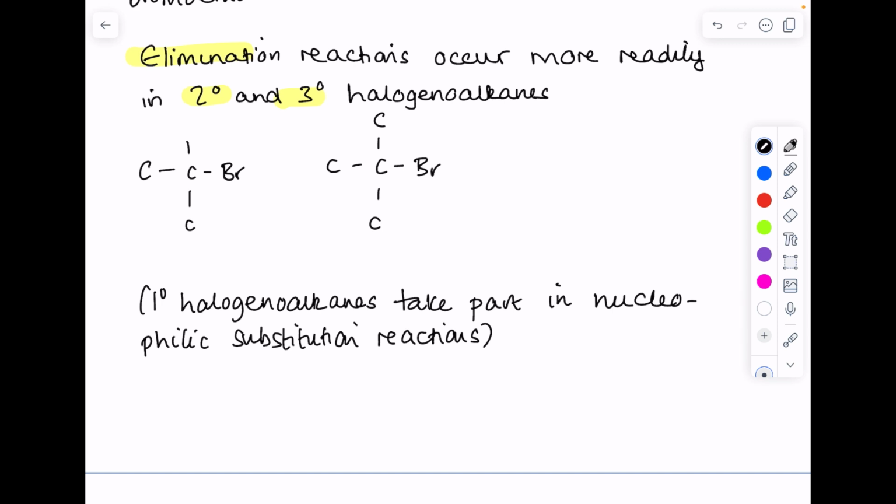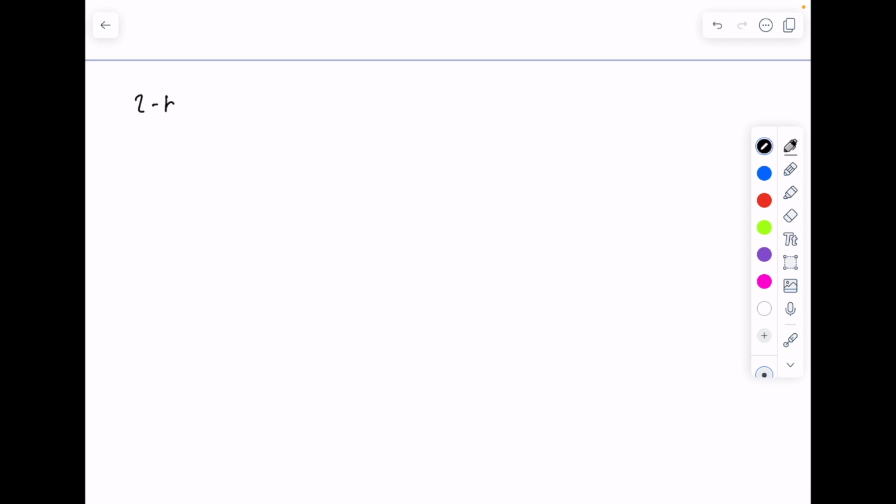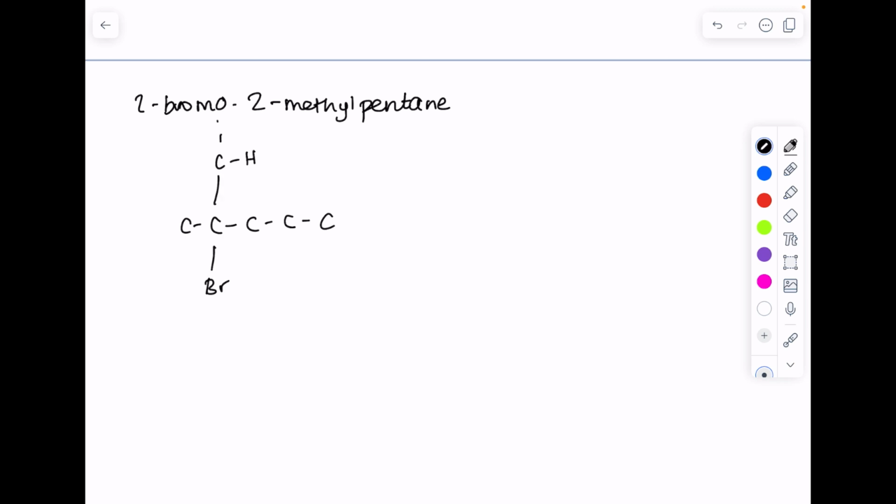I'll show you how now. So we're going to start with 2-bromo-2-methylpentane. There's our halogenoalkane. So we have 5 carbons in a line. We've got bromine on the second carbon and a methyl group on the second carbon.